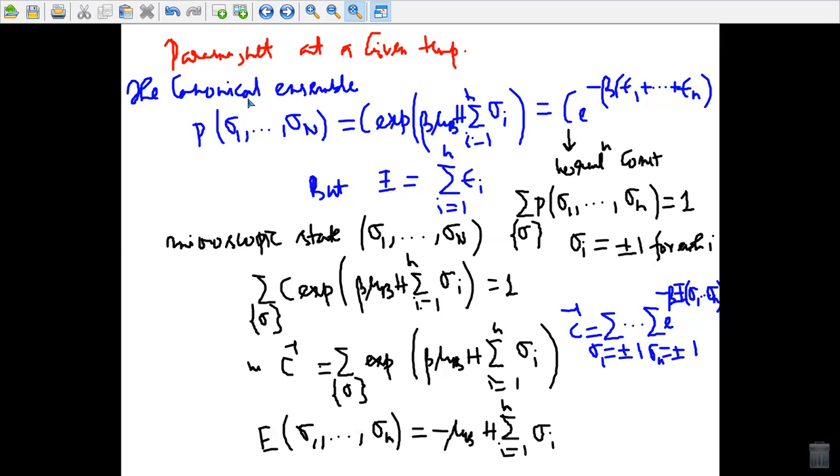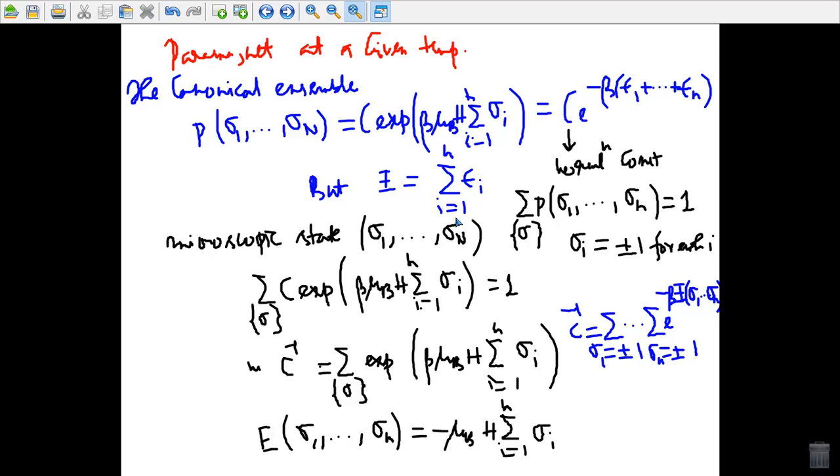Hence, P as a function of sigma 1 to sigma n is equal to nothing but C times the exponential of beta mu_B h times the summation over i equal to 1 to n of sigma_i, that is C times e to the power minus beta (epsilon 1 to epsilon n). But the only constraint is that E is the summation of epsilon_i, where i runs from 1 to n, and is the energy of the microscopic state with n spins, the microscopic state given by sigma 1 to sigma n.